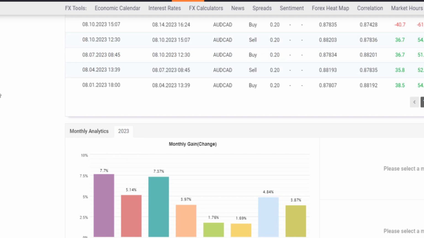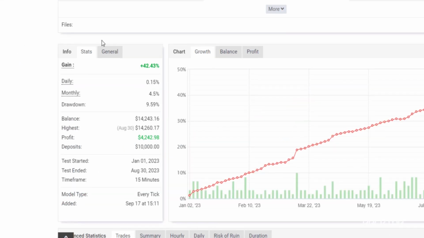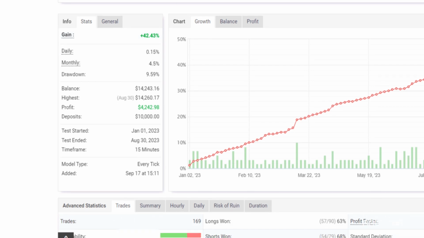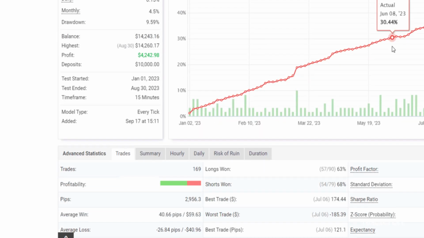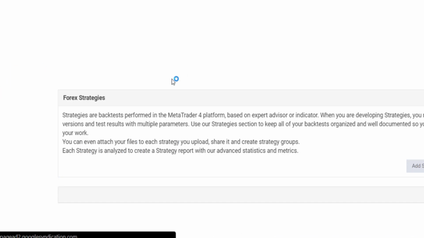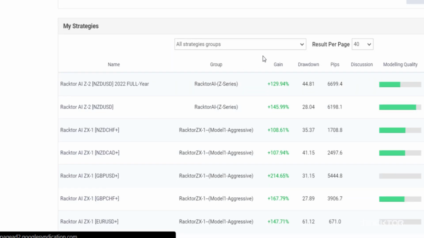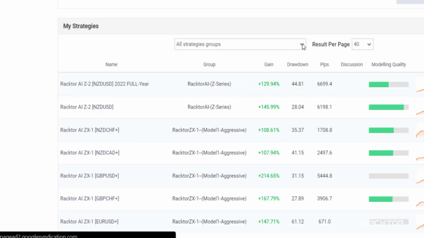So this is just for an account that has just 40% return in the space of January till August, which is still good in terms of, as managers we call it, risk to reward: 10% drawdown and then 40% return on trade. That still makes sense. Of course, I like that kind of result.